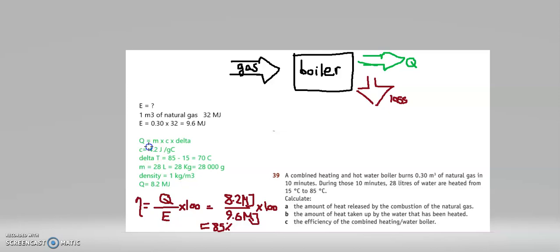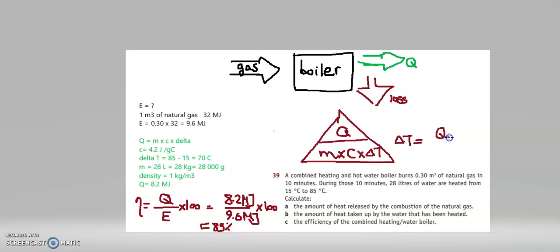Okay, then when you have the total Q here, if you remember, we have this triangle. We have Q, we have mass, we have specific heat capacity, and we have delta T. Even if the question is to calculate the final temperature or the initial temperature, first always calculate delta T. So we want to calculate delta T. Put your hand on delta T. So delta T is Q divided by mass times the specific heat capacity.